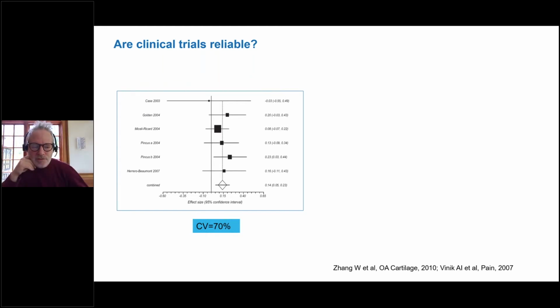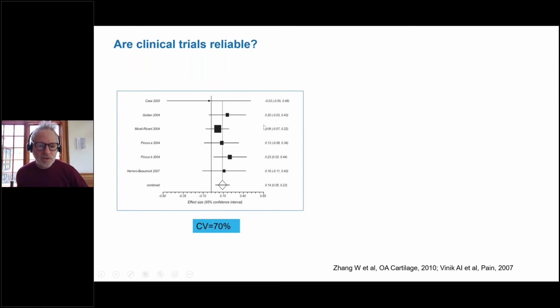If clinical trials are in fact not reliable, well, then we can think about quantifying their reliability, because if we can do that, then that might help us measure whether our efforts to improve reliability are successful or not. Because if in fact we are going to follow the advice of the regulators and try to improve reliability of clinical trials using these methods, and we're going to spend a whole lot of money and a whole lot of time doing it, maybe it would be a good idea to have some way of knowing whether we're successful.